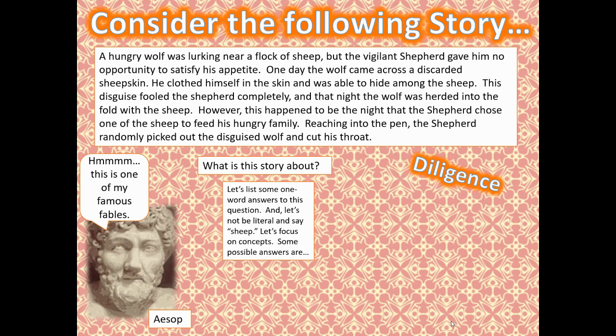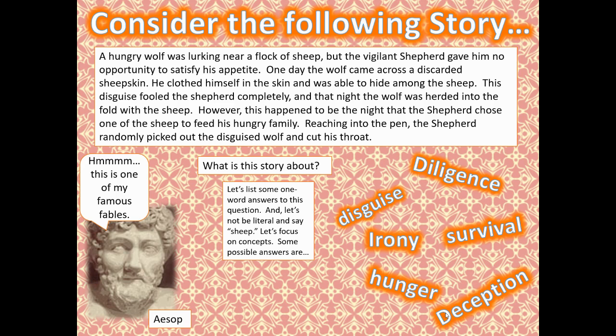All right, so some others might be diligence, disguise, survival, irony. It's ironic that the wolf was trying to get a meal, but then he became the meal. Hunger, as I said before. Deception, the wolf was trying to deceive the shepherd. As I said before, these words are all subjects of the story.